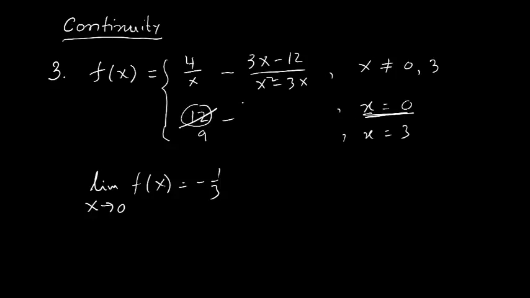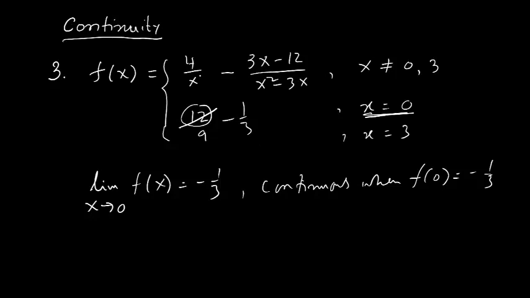If I just redefine my function here by negative 1/3, so then this is continuous. When f of 0 is negative 1/3 as a value here, we can make the corrections. Then we say that for the value of the function, negative 1/3 will make this function continuous at x equals 0.